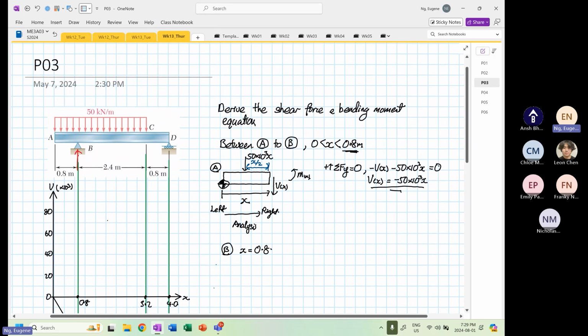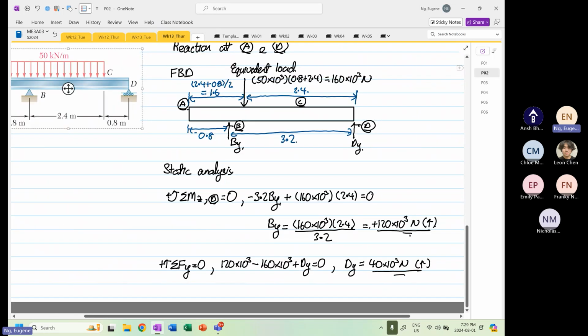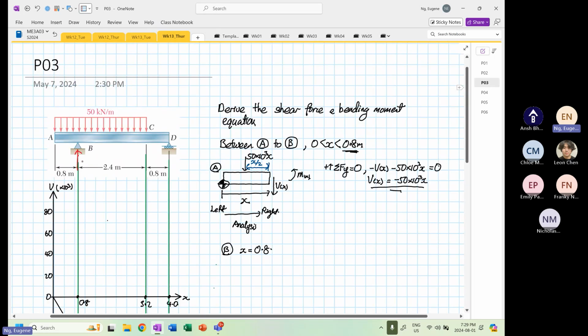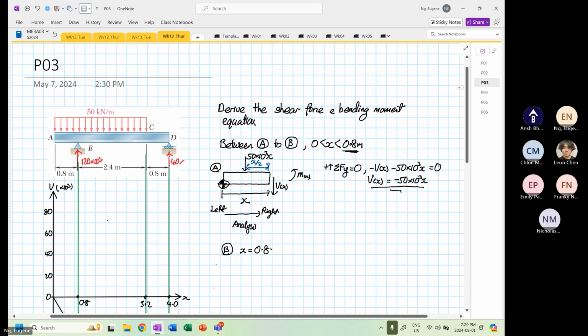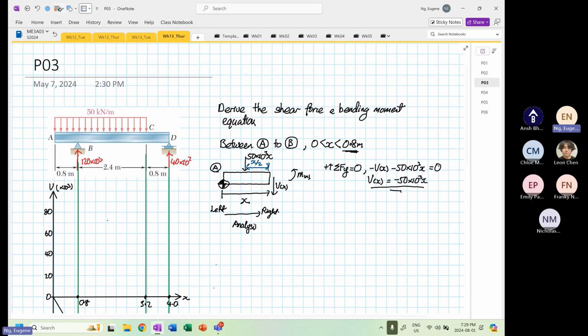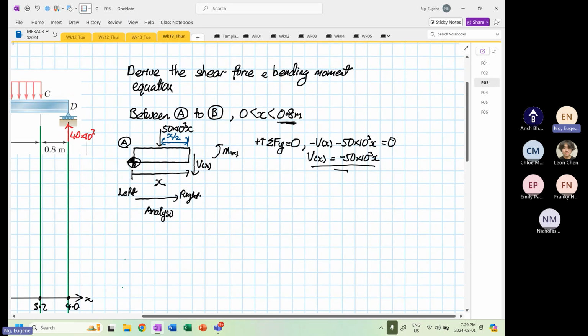And we calculated our By earlier. Our By is equal to 120 times 10 to the power 3. And then, oops, I forgot something. We have something over here, Dy, and Dy is 40 times 10 to the power 3. I don't want to do x equal to 0.8 yet, because the next thing I want to do is the bending moment diagram first.